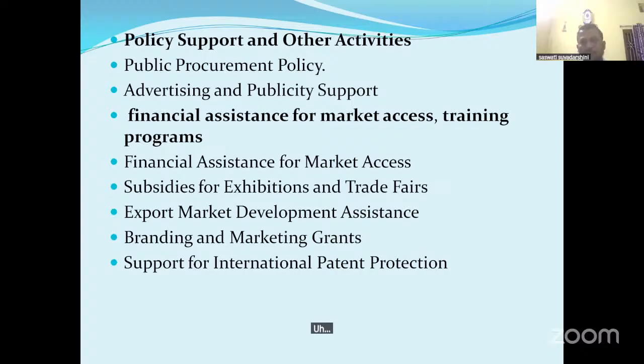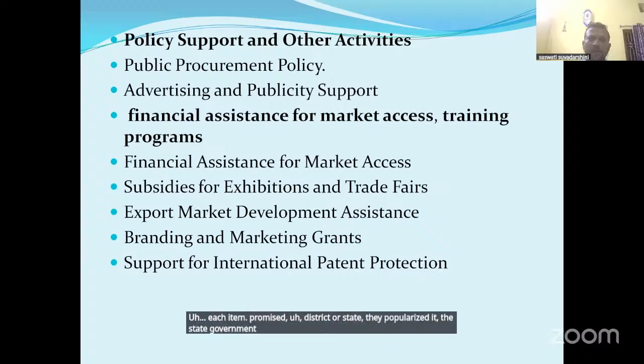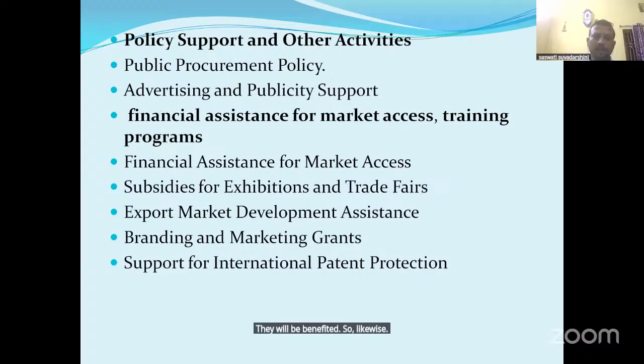Each item from a district or state, they popularize it. The state government is popularizing it. So automatically the entrepreneurs associated with coffee farming will benefit. This is not an individual brand, but Koraput coffee itself is branded. So automatically the people associated with Koraput coffee will benefit.